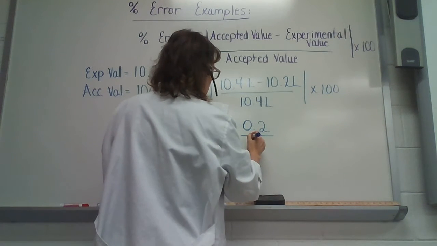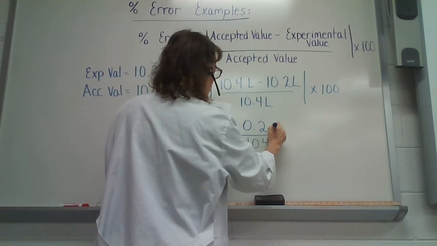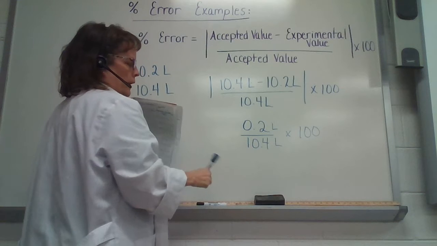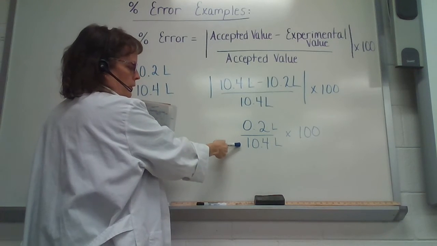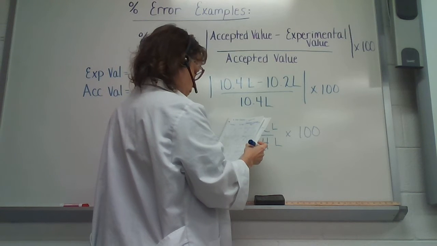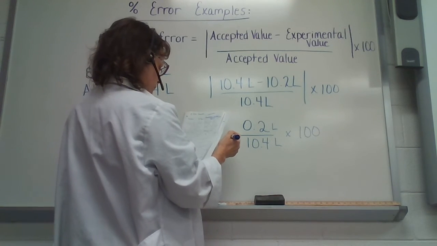0.2, and we put that over 10.4. Again, multiply by 100. And then just throw this into the calculator, divide 0.2 by 10.4, and you will end up with basically the decimal.